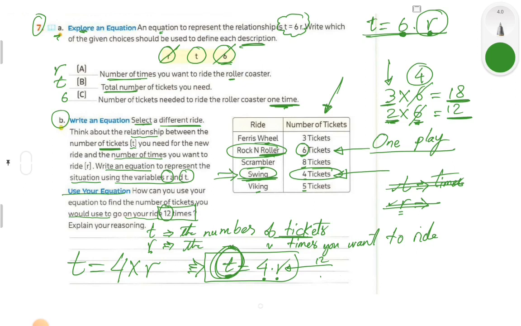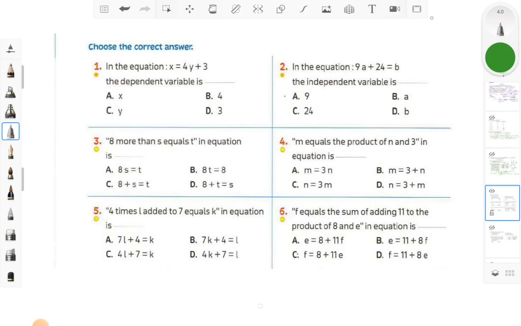So t equals 4 times 12 equals what? Equals 48. 48 tickets. That means you need 48 tickets to ride this swing game 12 times. Choose the correct answer.